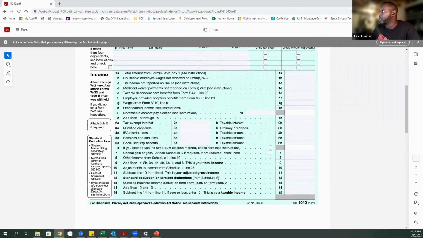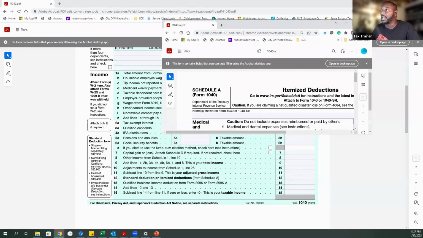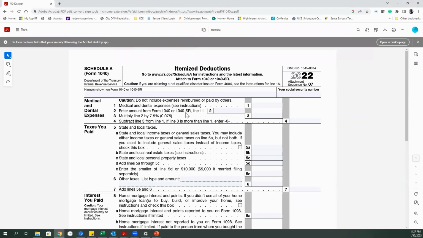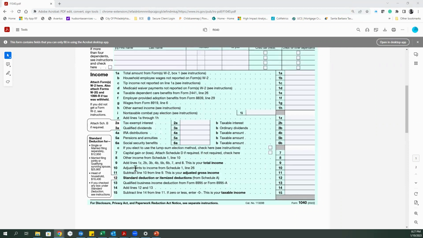That's an adjustment. When you look at your Schedule A, it's saying I want 7.5% of line 11 right here. That's my AGI, my adjusted gross income. It's called adjusted because it's after all your adjustments go in. So what are your adjustments?